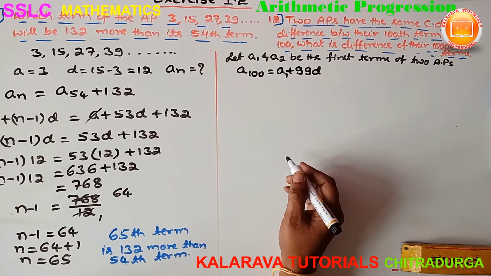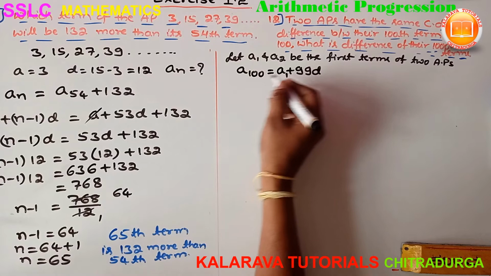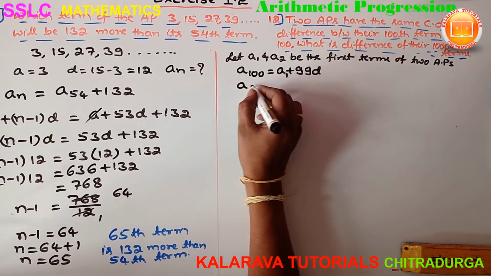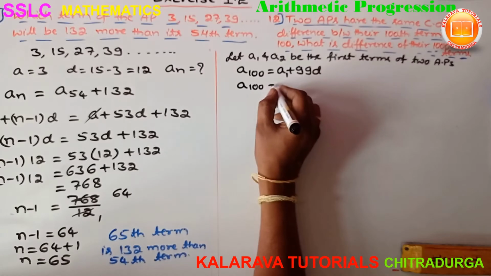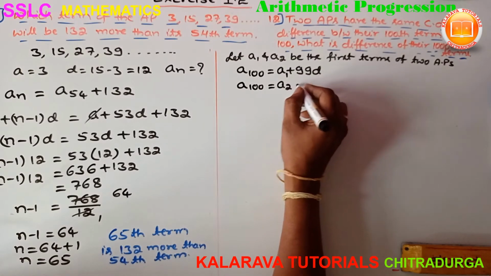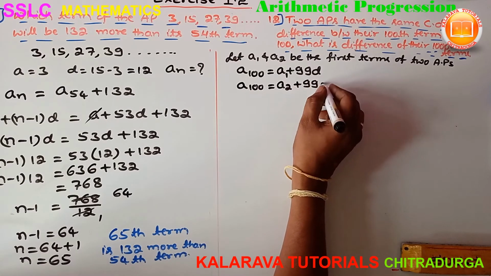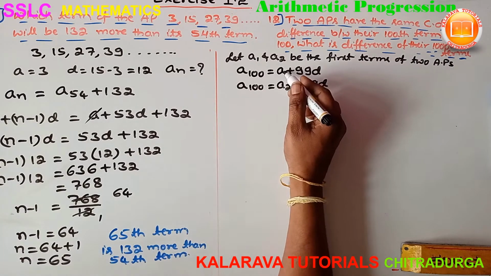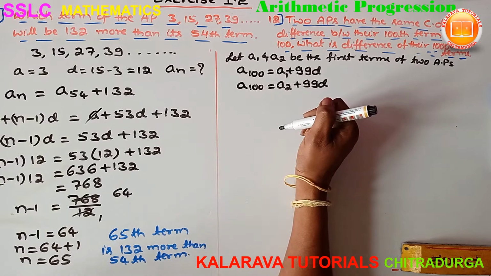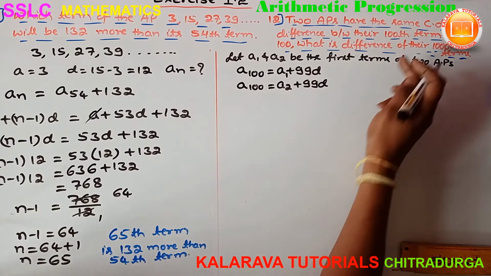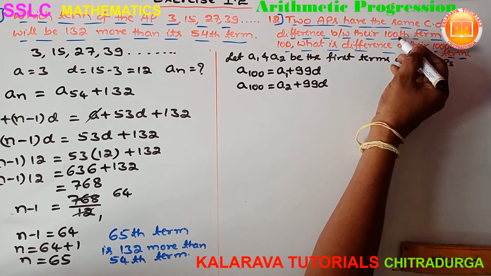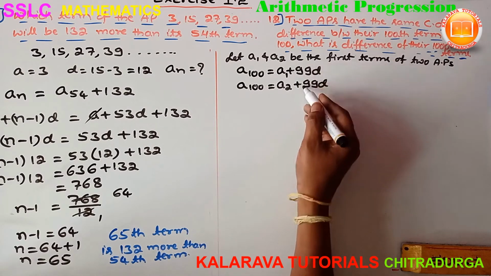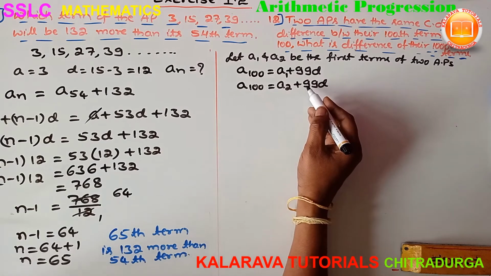In the first AP, the 100th term is A1 plus 99d. And in the second AP, the 100th term is A2 plus 99d. Here we write both d because d is the same, but the first term and the second term are different. They given the difference of the 100th terms, so we have to subtract one term from the other.